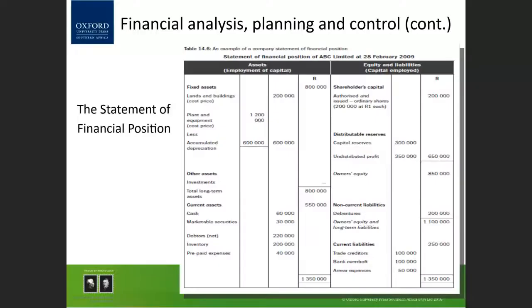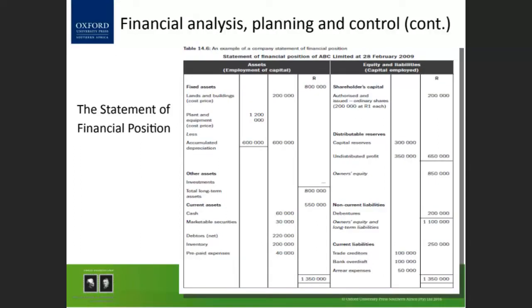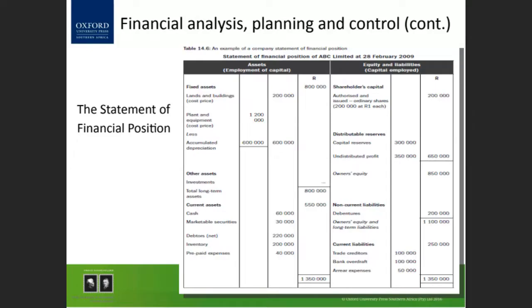And that's the one where you have your asset side, then you also have your equity and liability side, for which your assets and how those assets were financed, the amount should always be the same. They should balance. That's why they end up calling it the balance sheet.